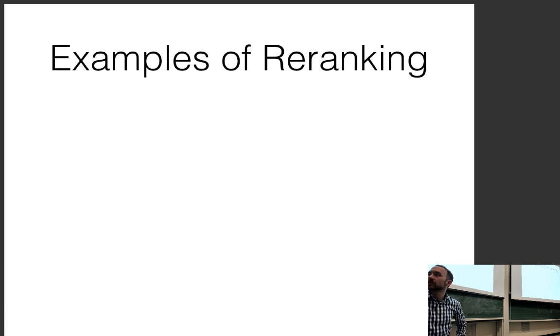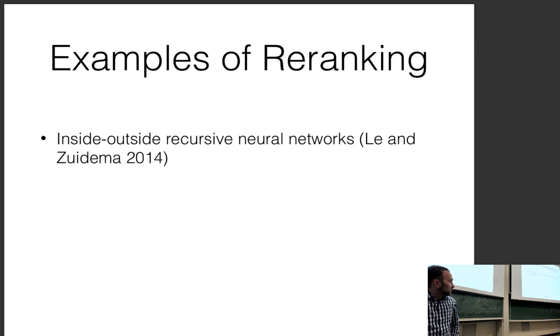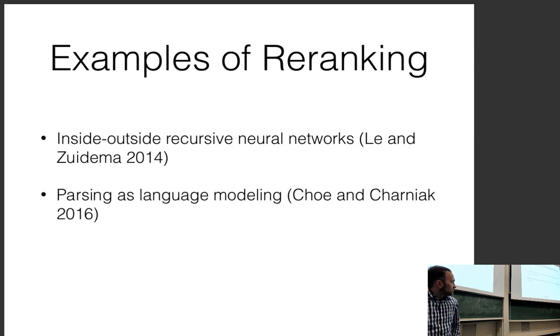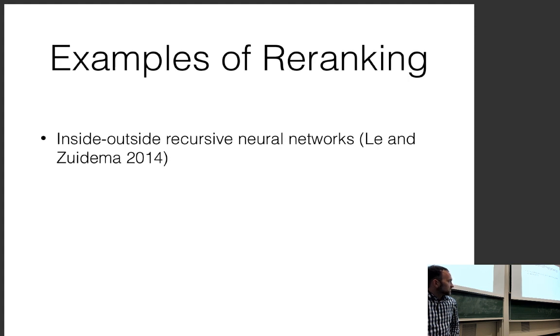This is also good no matter what you're predicting, even if you're doing relation extraction or question answering, where you might not be able to search over all of the possible hypotheses. If you're doing search, you might not be able to search over all the documents with a complicated model, so you get a first pass. So there's a lot of examples of this.